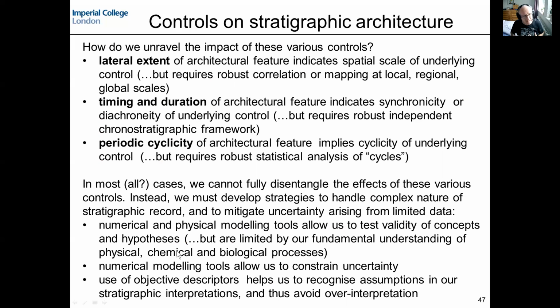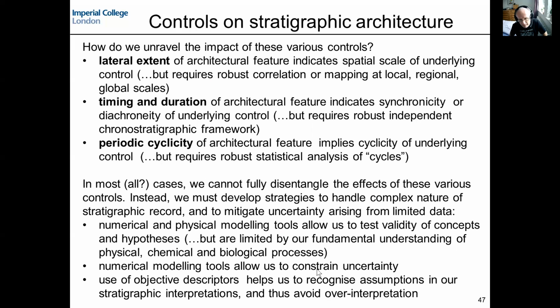The other thing I would say is increasingly there's numerical and physical modeling tools which allow us to test the simple models that I showed earlier. They're probably not quite in the mainstream yet. They may not be things you've come across at your undergraduate degrees, for example, but increasingly it's possible to carry out numerical modeling experiments or experiments in flume tanks which allow us to get insights to these different potential controls.